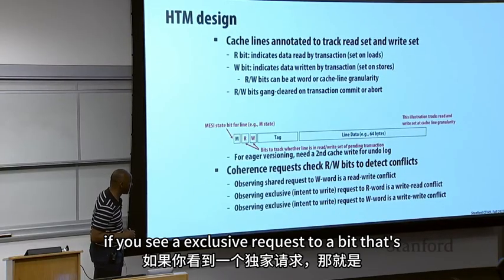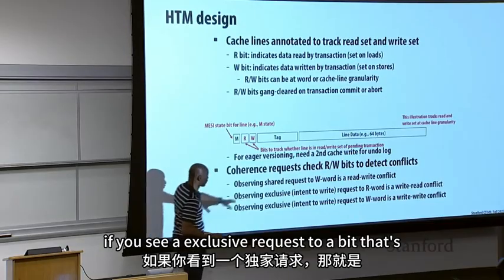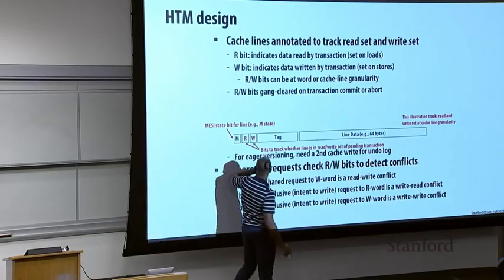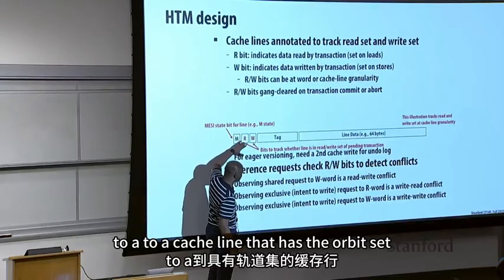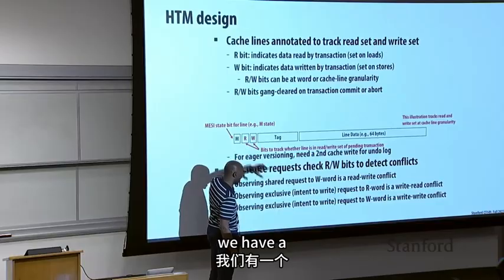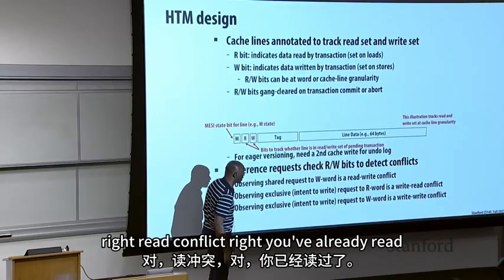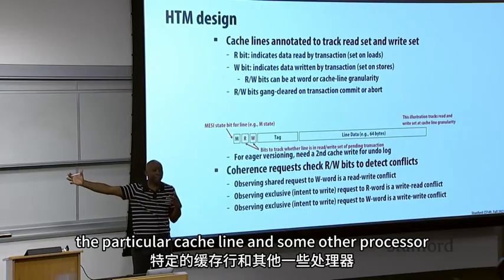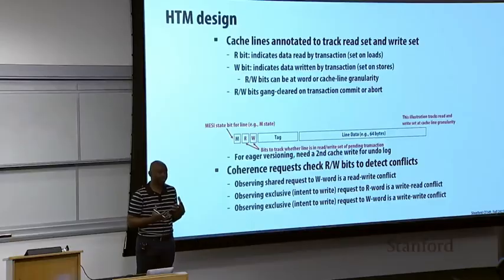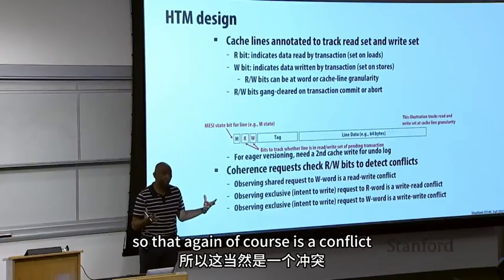If you see an exclusive request to a cache line that has the R bit set, then you know that we have a write-read conflict, right? You've already read the particular cache line, and some other processor wants to write it. Okay, so that again, of course, is a conflict.